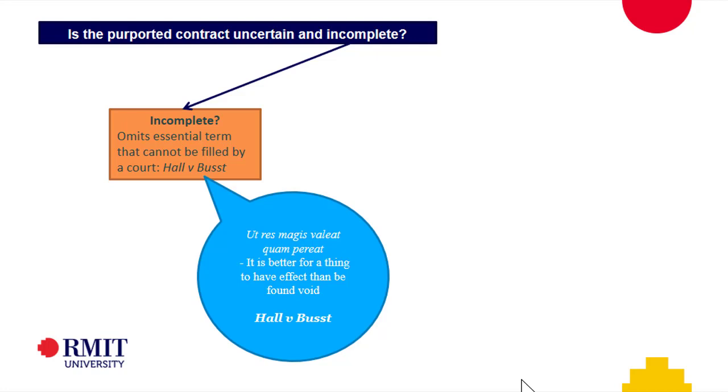So on this completeness question, the test is not high to find that the terms are there. But if there is an essential term that is missing, it is much harder to get over that hurdle.